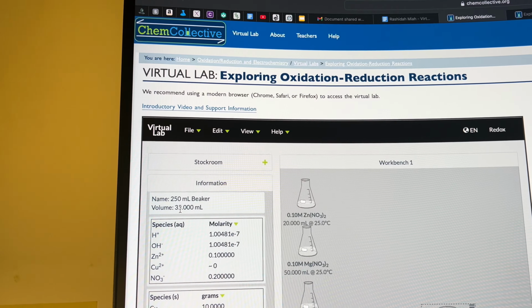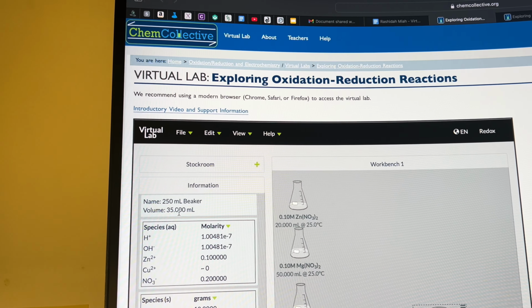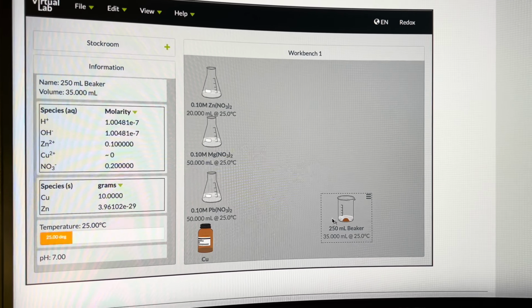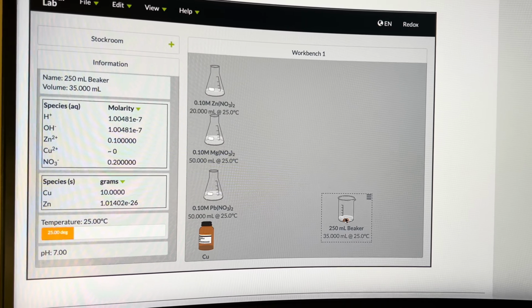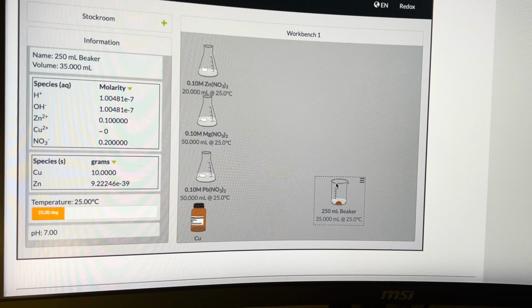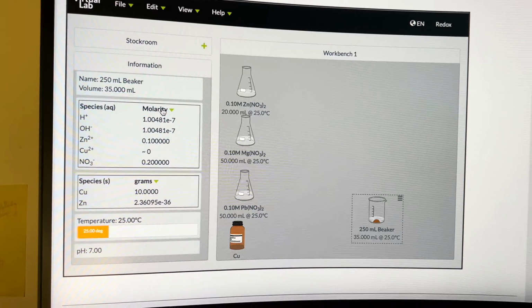However, the volume did change to 35 milliliters, because we initially started with 30 ml of the aqueous solution, and then we added the copper solid, and then the volume changed.